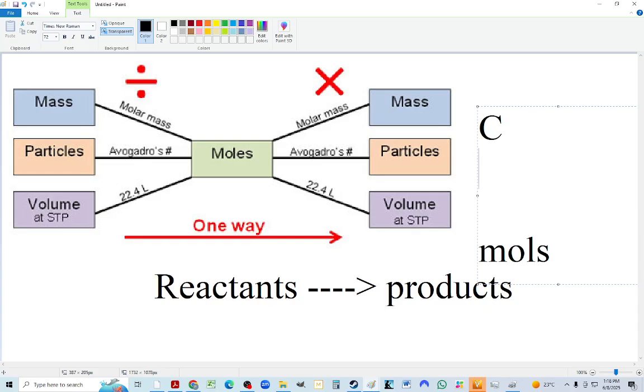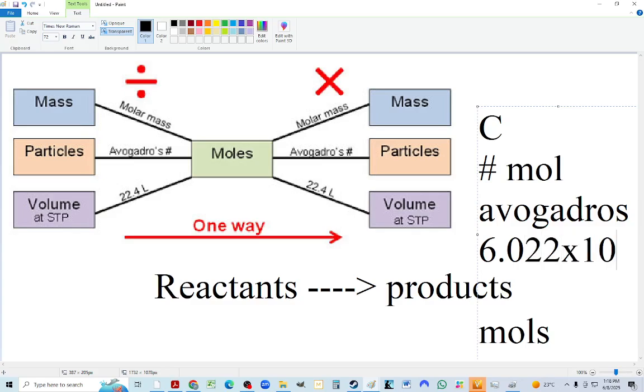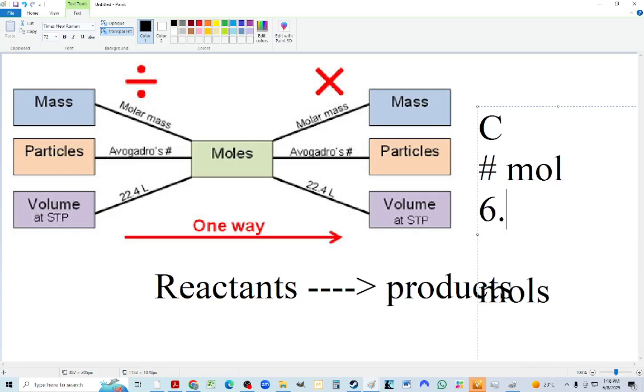Then you might have a situation where they give you a number of molecules, and then you have to use Avogadro's constant, which is 6.022 times 10 to the 23, which means that there are essentially that many items for every mole. I'll just use 6.02 per mole.